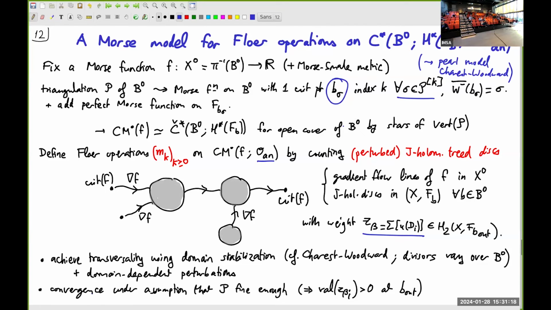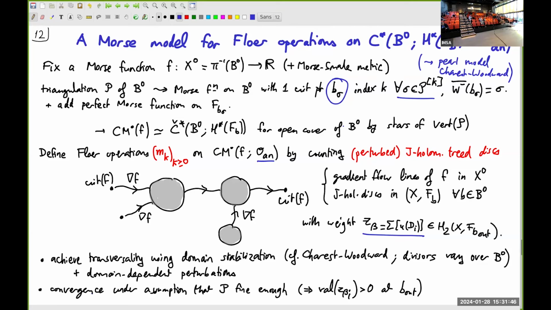So the other problem is Novikov convergence, because normally Novikov convergence comes from the fact that the areas of the disks are positive and bigger than something, and Gromov compactness says below a certain level of energy, there's only finitely many possibilities. But now we're cheating because we're picking disks that happen somewhere, and we're flowing their weights with our Morse flow lines to count them as coefficients elsewhere.